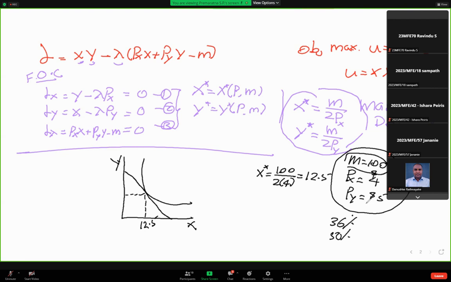Look at here, roughly, Sri Lanka is 36% and around 50% in the tax case.